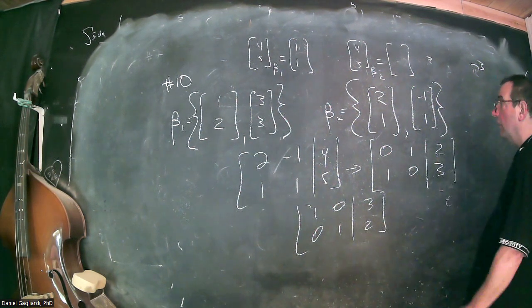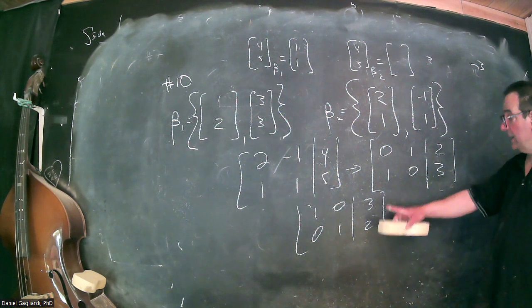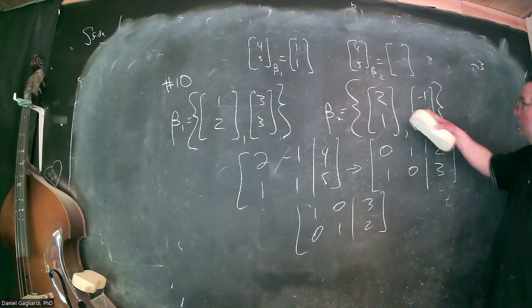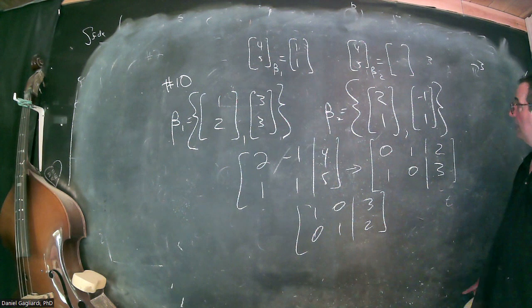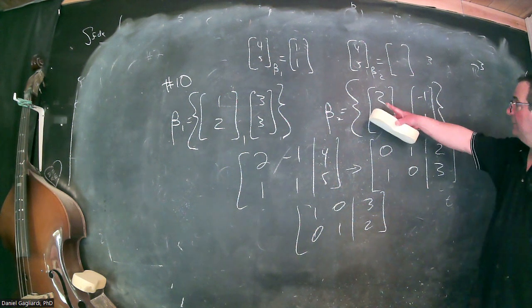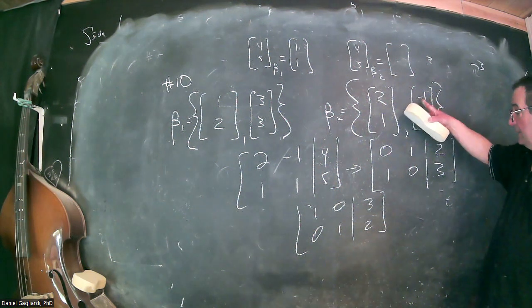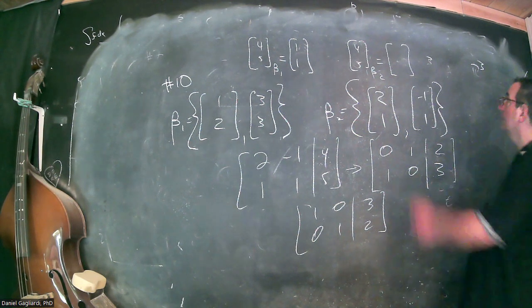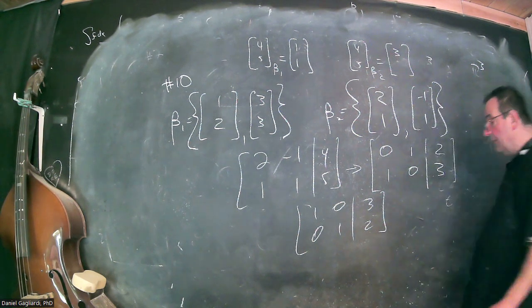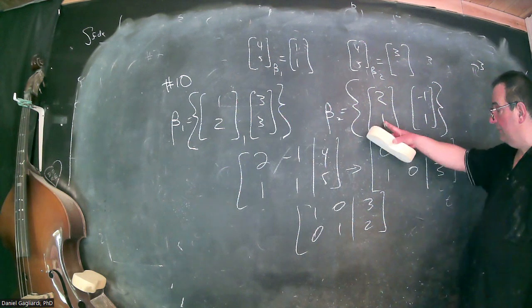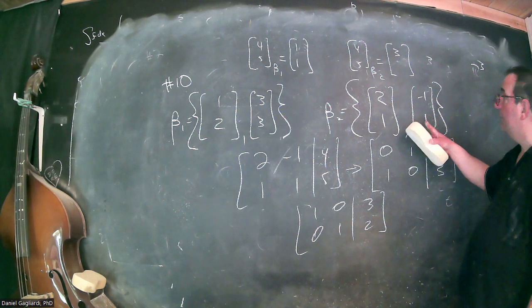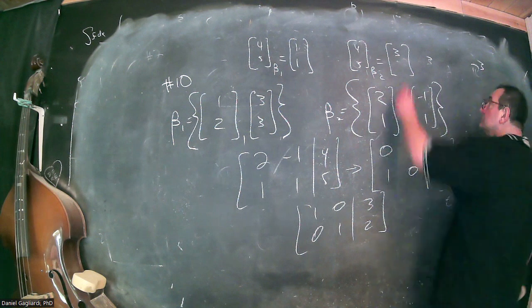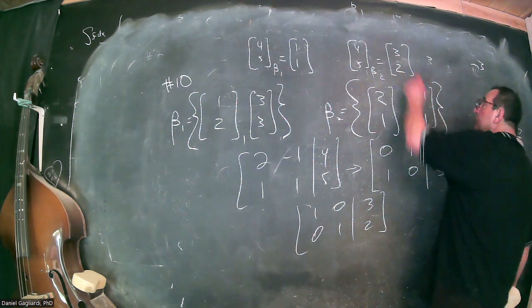Okay, therefore, if I take 3 of these and 2 of those, can I get to (4, 5)? Yes, because 3 2s is 6, minus 2 1s is certainly 4. And then if I take 3 of these and 2 of those, do I get to 5? Yes, I do. So 3 and 2.